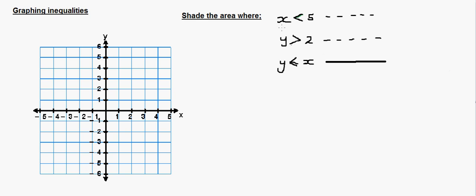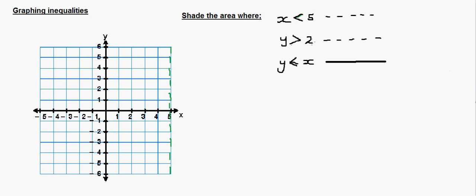So where x is less than 5, so x is 5 right on the edge of this graph here. So dotted line down here. So obviously I'm only interested in the left of that line because we're right on the edge of the graph here. So we're interested in what's to the left of that line.